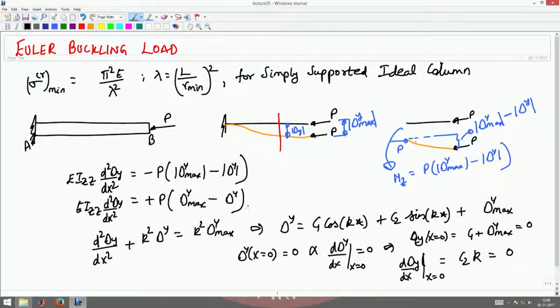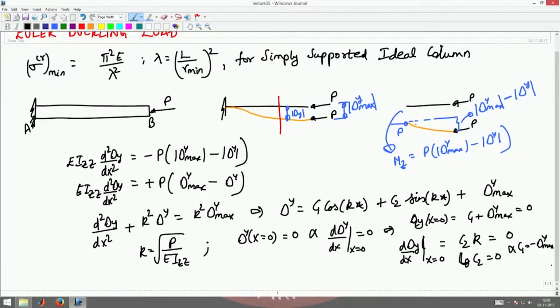By the way, k here again means square root of P by E I z z. So k is not 0, so C2 has to be 0, and C1 is minus delta y max.